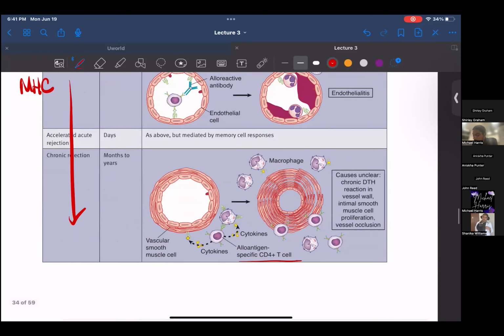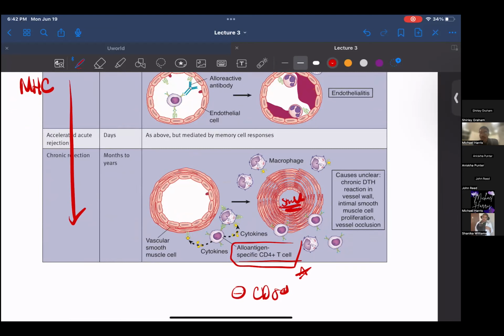And here it's solely CD4. So no longer CD8. And what essentially ends up happening is you end up producing these markers or cytokines that cause the actual blood vessel wall to hypertrophy. And this hypertrophy or proliferation makes the lumen small.